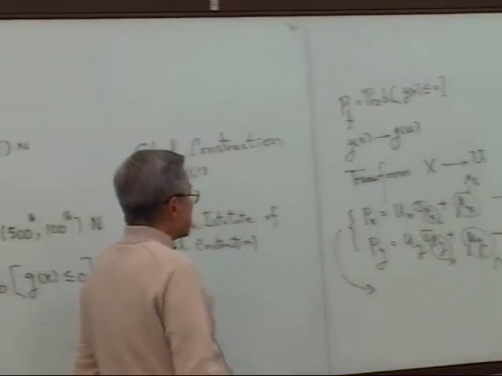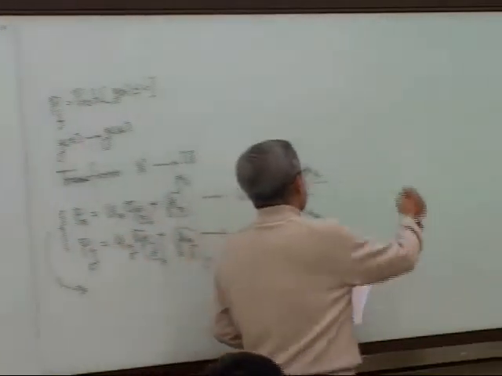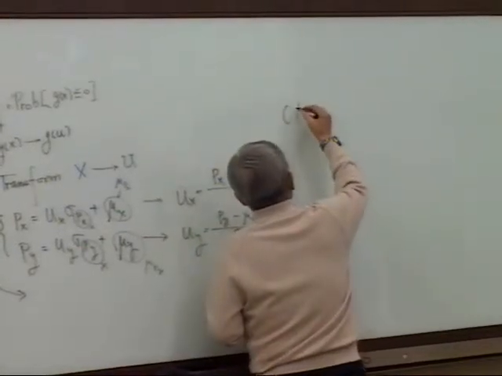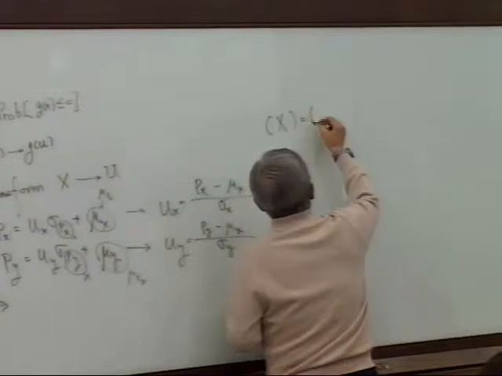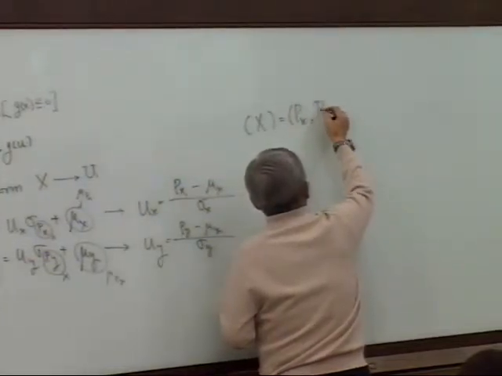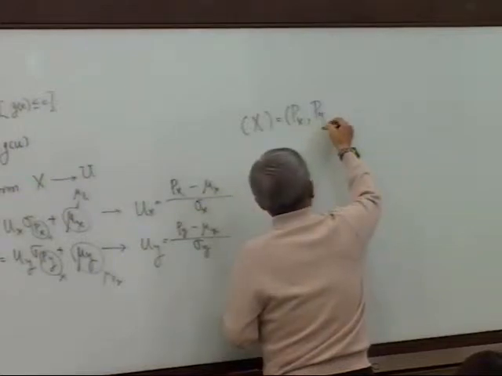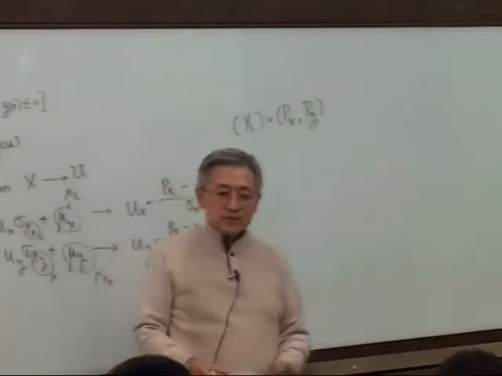Then with the transformation, we have two random variables, Px and Py.